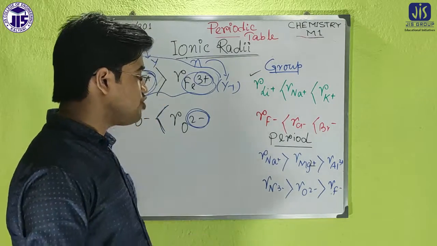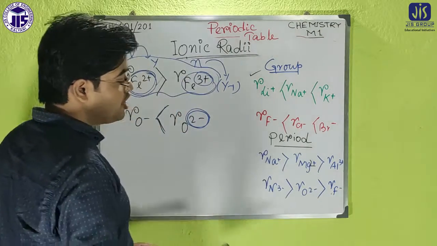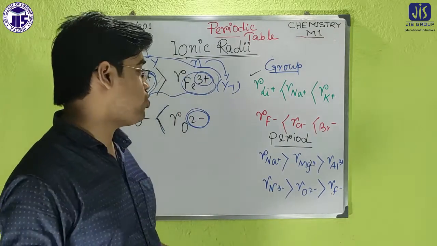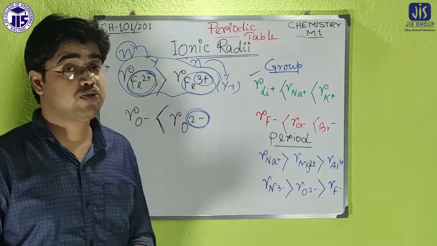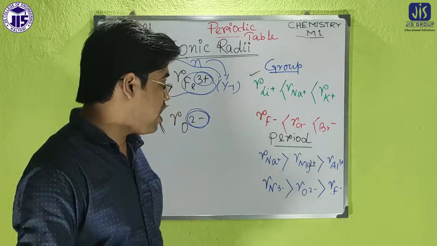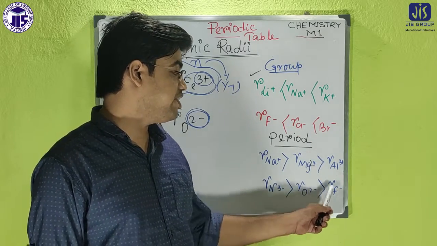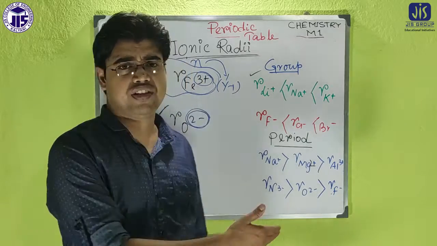In case of anions, look at nitrogen, oxygen and fluorine: N3-, O2- and F-. Almost the same order as the atomic radius, because these also have the same number of electrons.